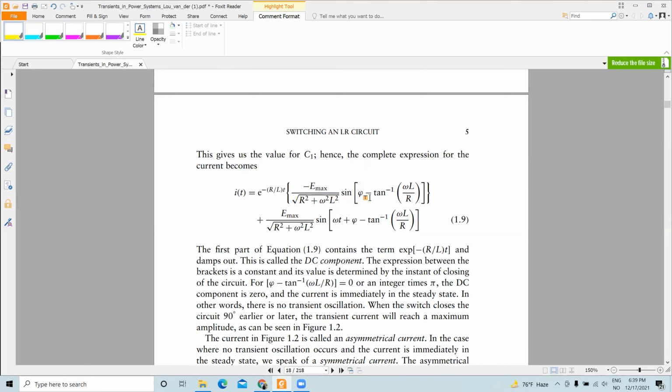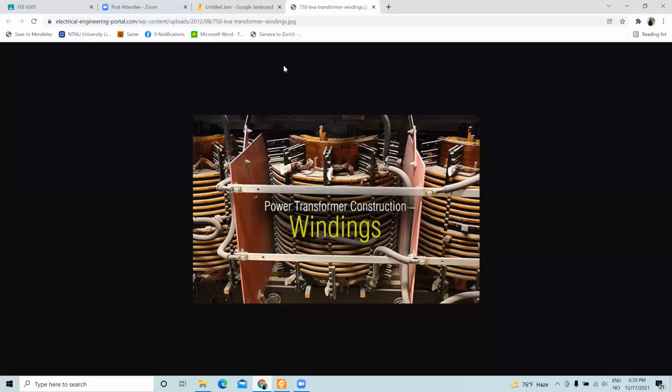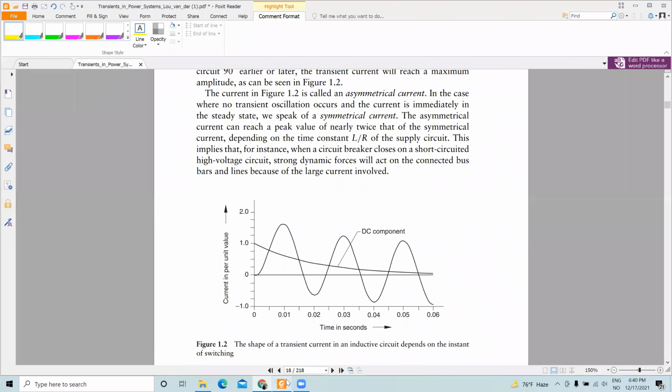Yes, sir. So this is the case, for instance, when you have a short circuit. So let's say you have a breaker placed here, let's say CB, and if you close this circuit breaker in a short circuit condition, or if you have a short circuit, then the current that flows through it will change.